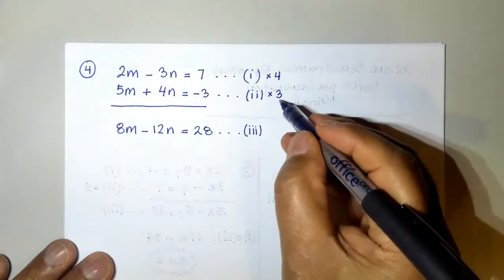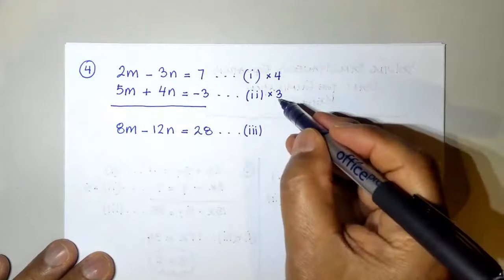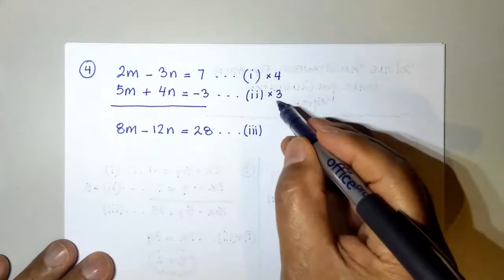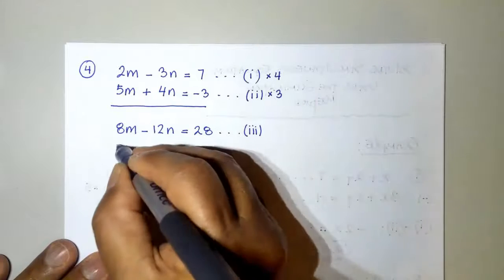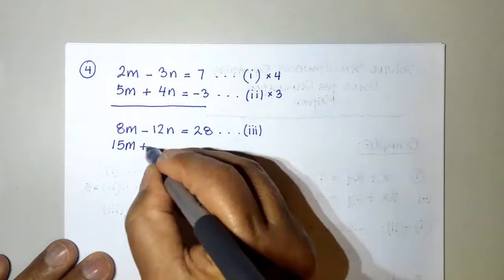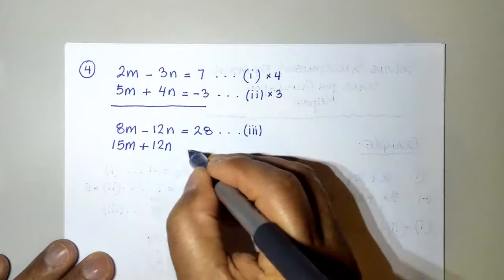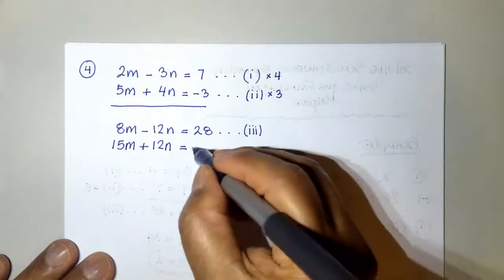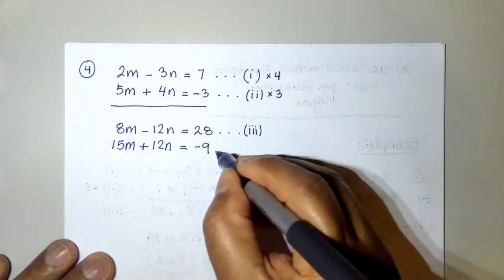And then I'm going to multiply the bottom one by 3. Okay, that's good because then we're going to have 12 in here. So 3 times 5 is 15, so we're going to have 15m, and then plus 12n, yes, that's really, really good. And then 3 times negative 3, which is negative 9.